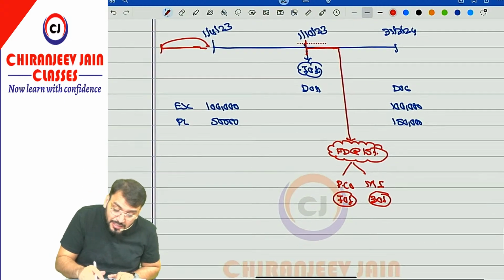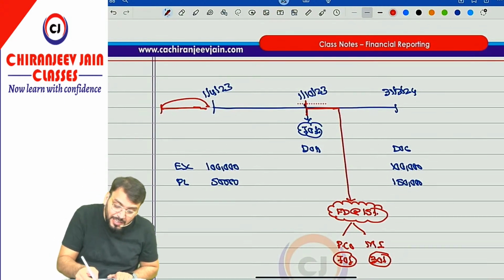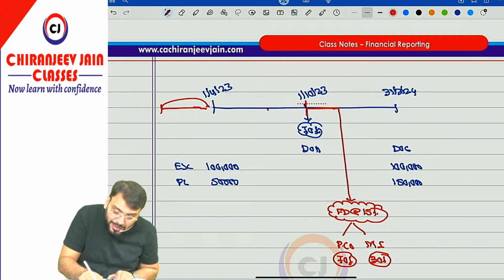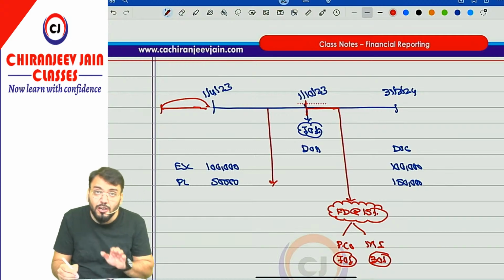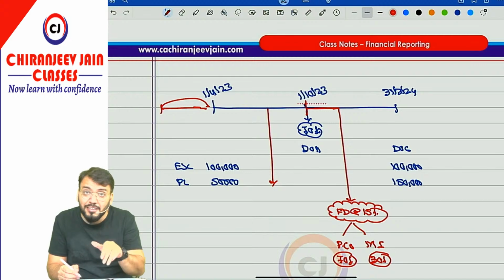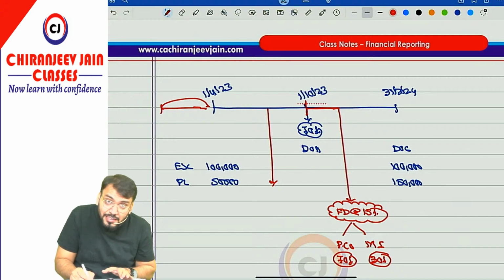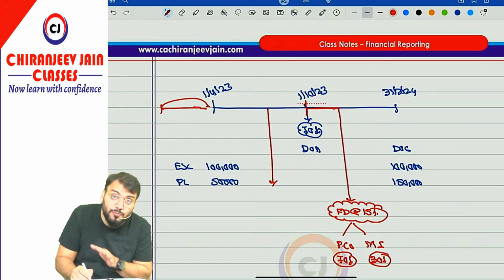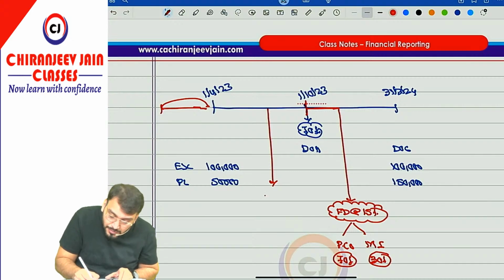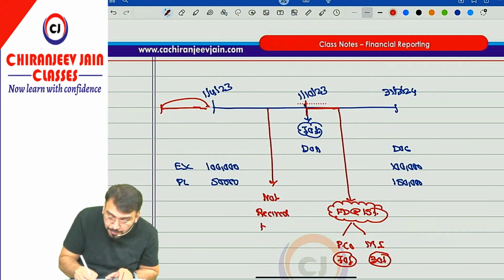Now if it is declared and paid before the date of acquisition, then it will not be received by the parent company, because at that time the parent company was not holding any shares of the subsidiary company.